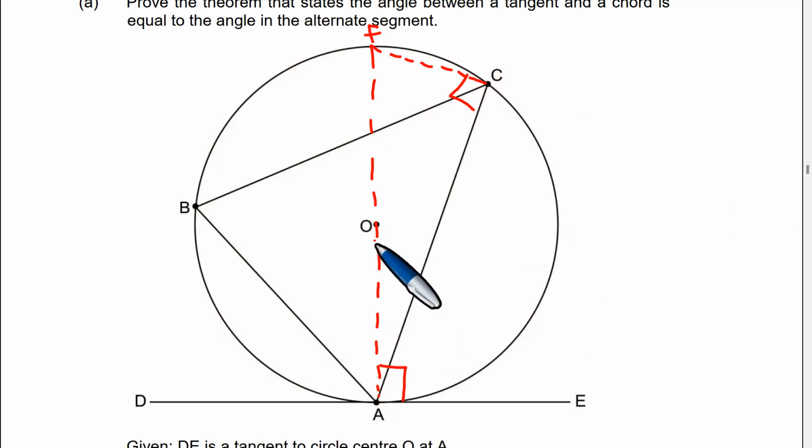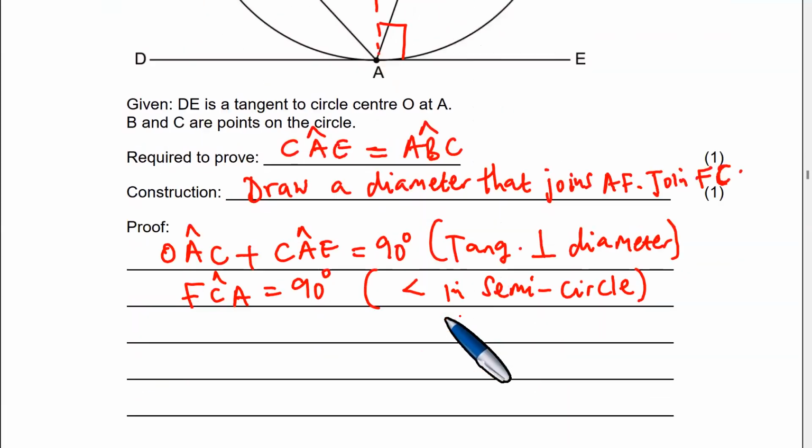So we're going to say OFC plus OAC equals 90 degrees.